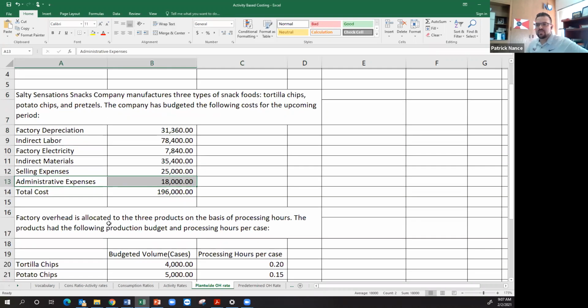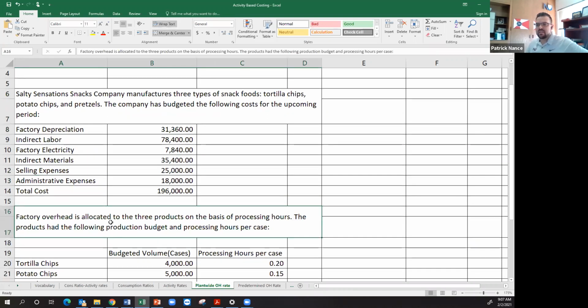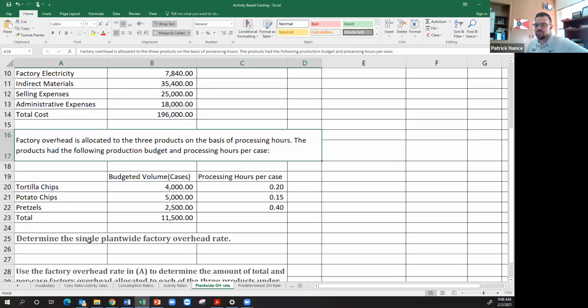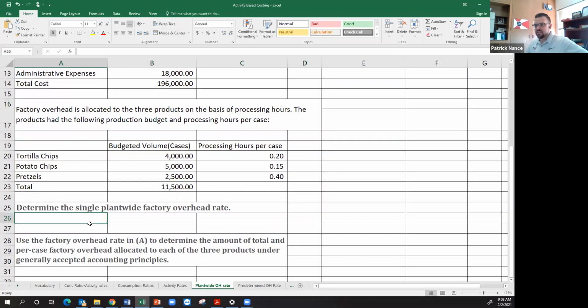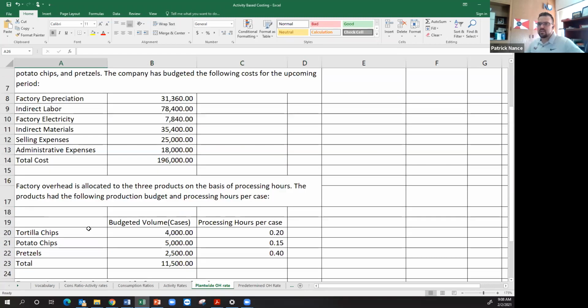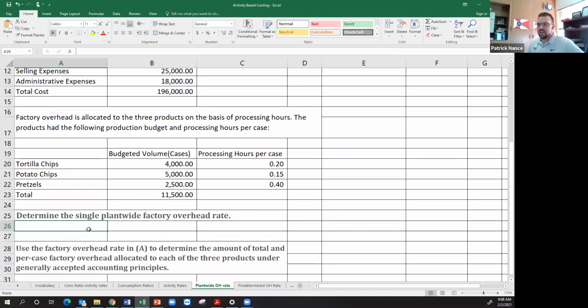First, it says the factory overhead is allocated to these 3 products on the basis of processing hours, and the products have the following production budget and processing hours per case. The first thing it says is to determine the single plant-wide factory overhead rate.